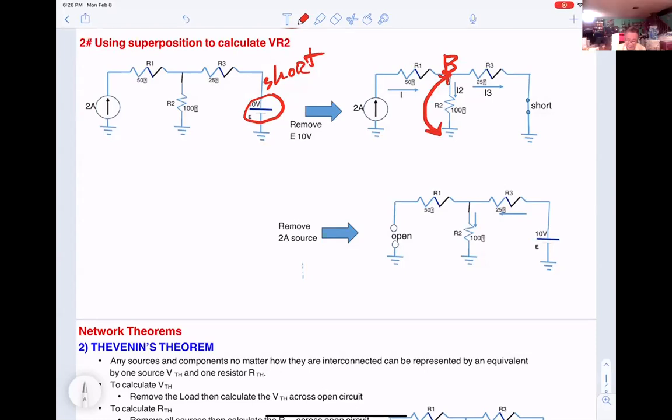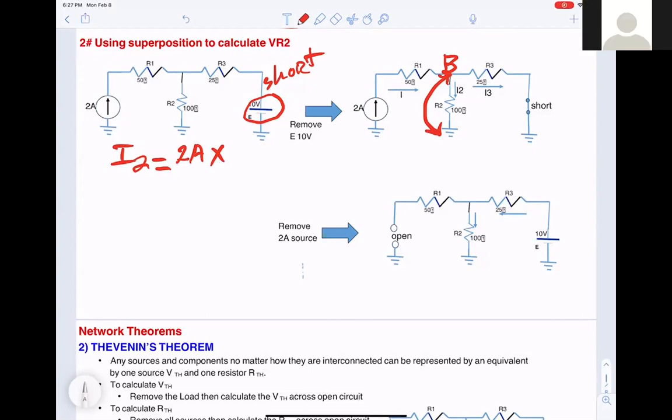Perfect. Current divider law. I2 equal what? It equals IT, which is 2 amps, because that's a 2 amp current source, times R3 over R2 plus R3.